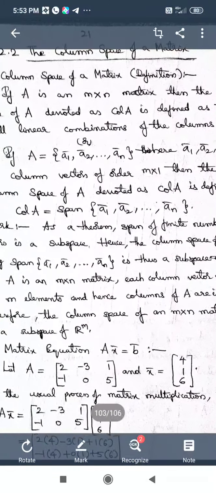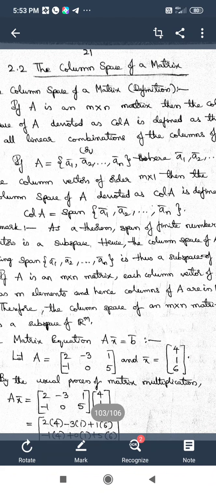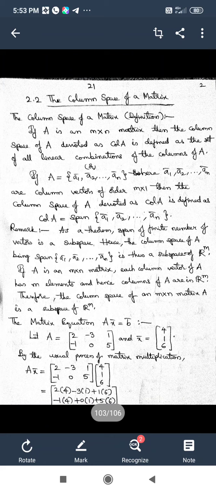In one form, as the set of all linear combinations, and in another definition, as the span of a1 bar, a2 bar, and so on up to an bar, where a1 bar, a2 bar, up to an bar are nothing but the columns of the matrix A. So column space of A is the set of all linear combinations of the columns of A, and thus it can also be denoted as Col A is equal to span of a1 bar, a2 bar, and so on up to an bar.